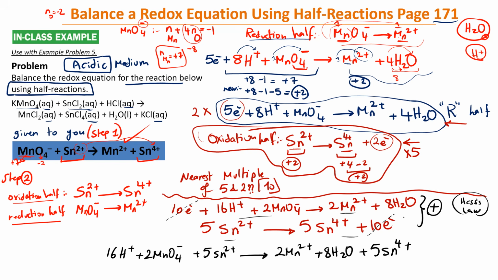The electrons cancel because it would be plus 10e here and plus 10e here, so it will go. Okay?